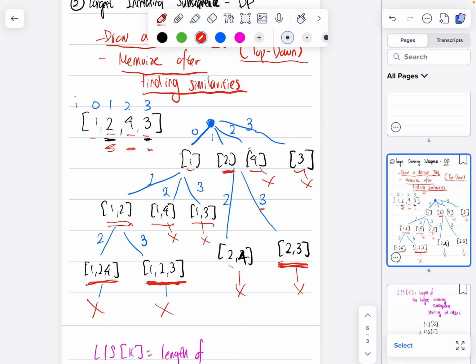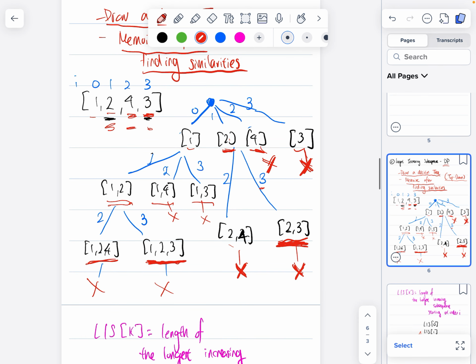Pause the video and try to work it out yourself or draw it out. I think that's really helpful. For 4, obviously you can't go any further because 3 is smaller than 4, so we can't add the third, that's why it stops. 3 also is the last index, so it stops. So 2, 3 stops, and 2, 4 also stops.